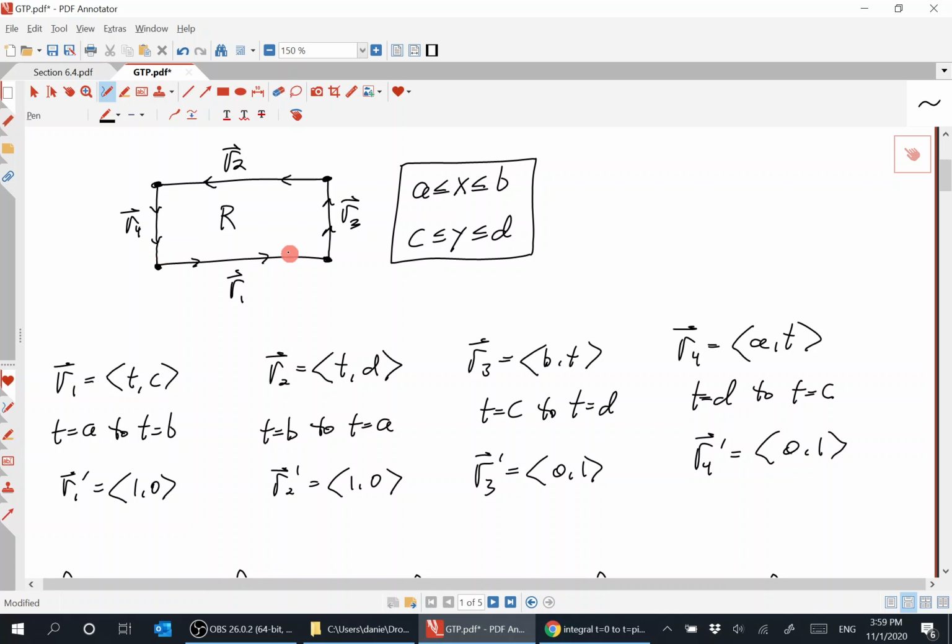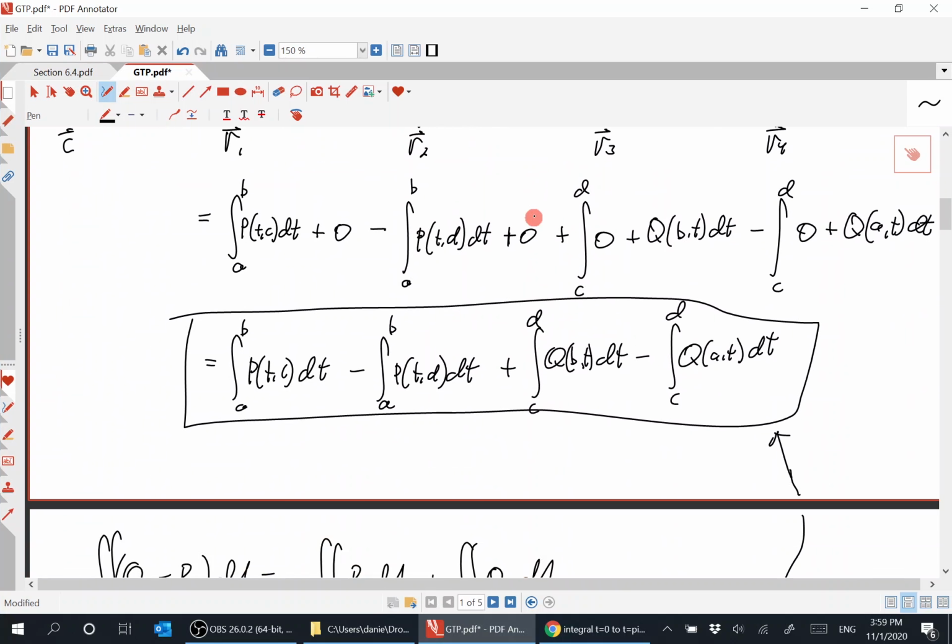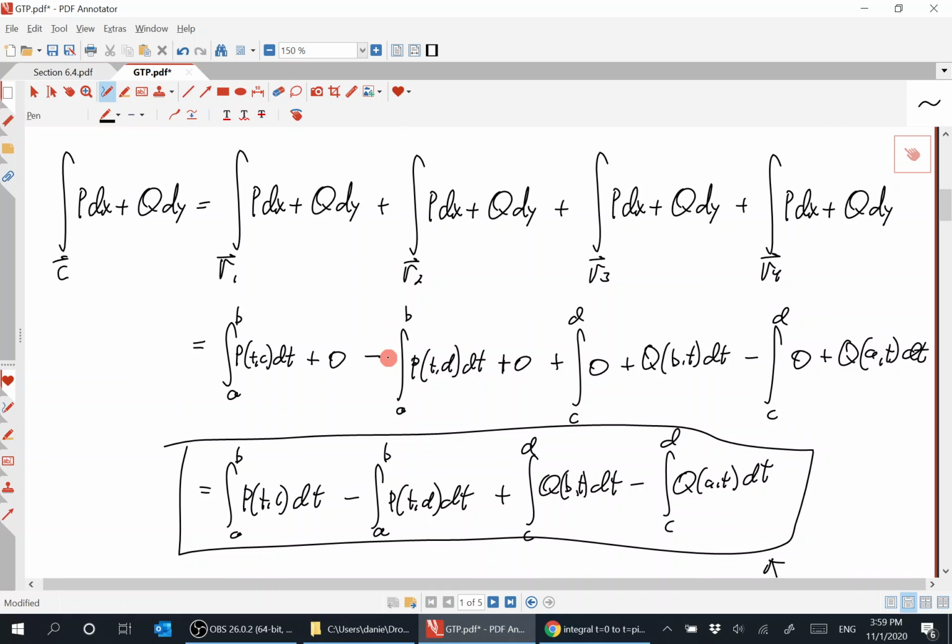The first one goes from a to b. This one's going from b down to a. So I want to flip it around. But all I need to do to flip it around is just negate it. The integral from a to b and the integral from b to a are just related by negation. So we take the integral from b to a, turn it into the integral from a to b, and it's just negated.